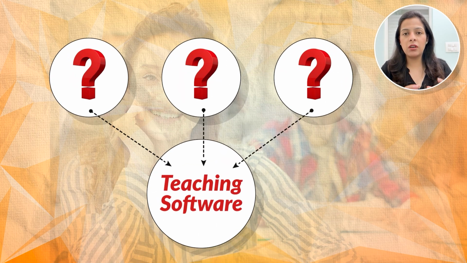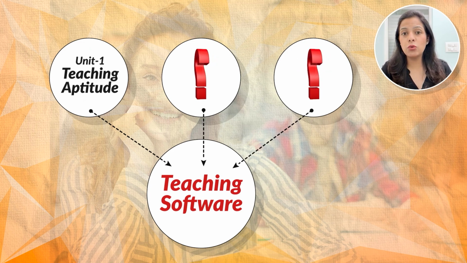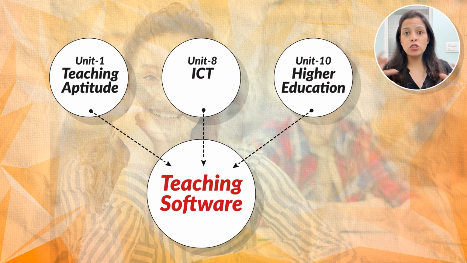So this particular topic, teaching software, is not just from unit 1 teaching aptitude. It is also connected to unit number 8 ICT and unit number 10 higher education. So when they club these three units together and come up with a topic like this, it is bound to appear and reappear in exam again and again.